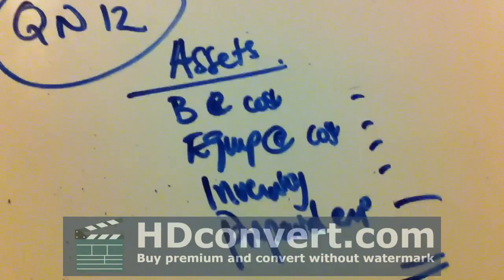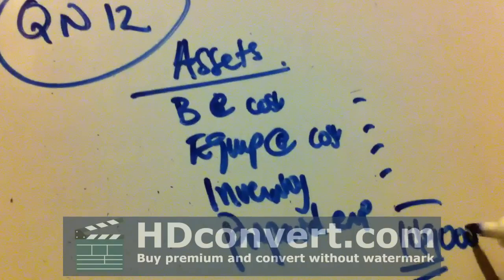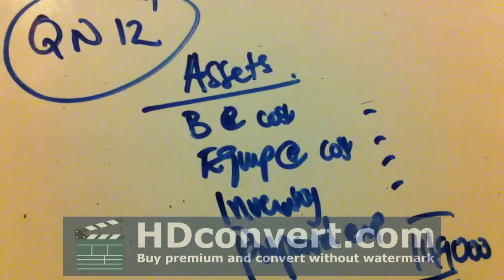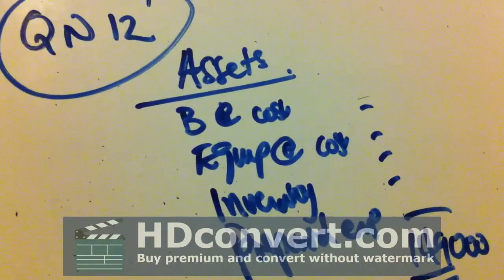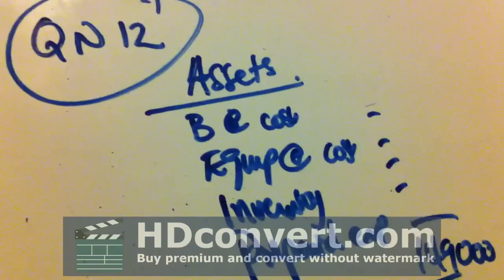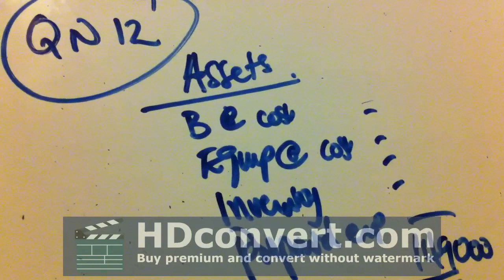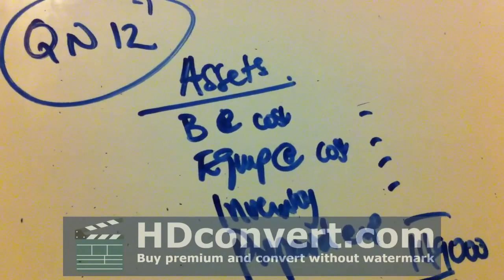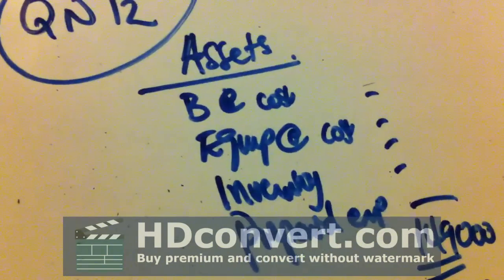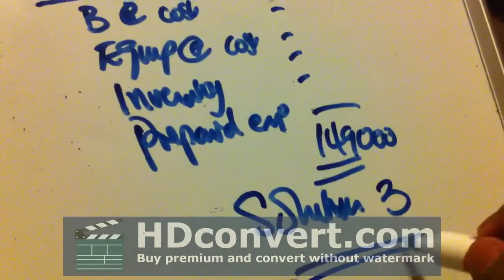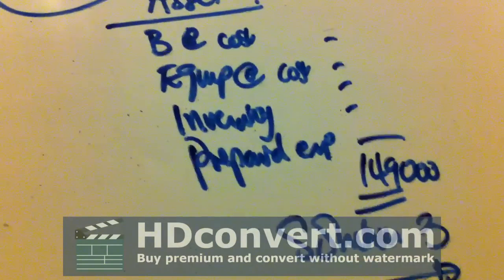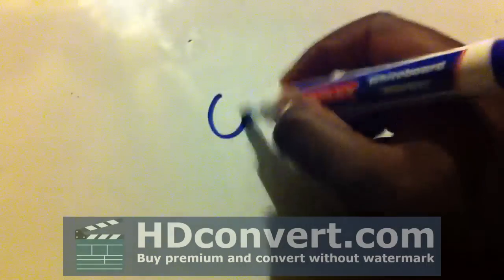The total should give you what? 149,123, which is solution... What number is this? 12. 149, where is 149 there? Oh, solution 3. So this is going to be your solution 3. Very simple. Simple stuff. Then you go to question number 13.